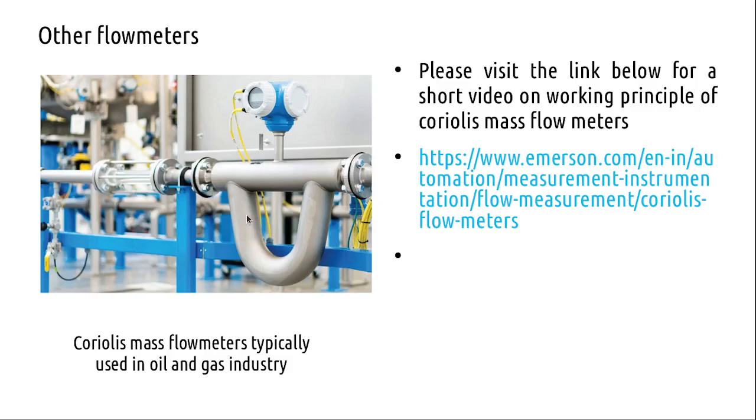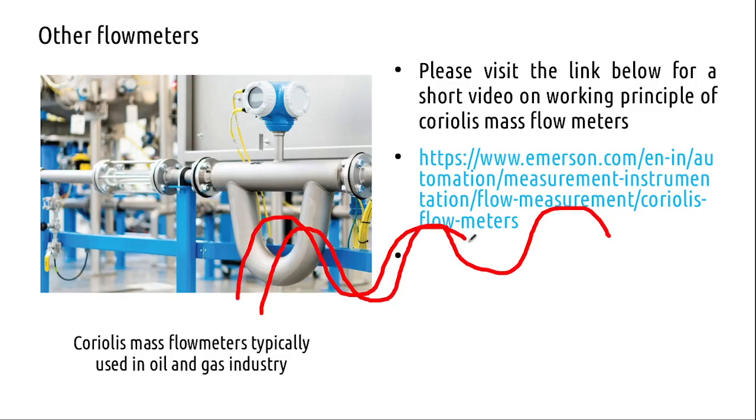They have some magnets along their length, and you will pick up the phase shift between these two signals. Each of these tubes will be vibrating as a sinusoidal wave, and there will be some phase shift between these two that will be used to get an idea of the mass flow rate. That is the basic principle.